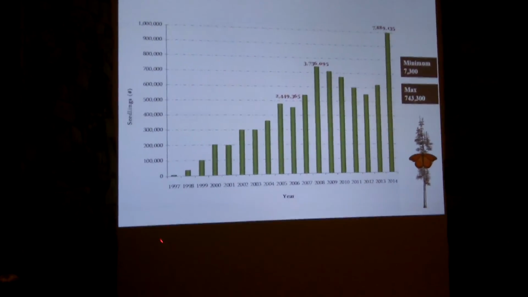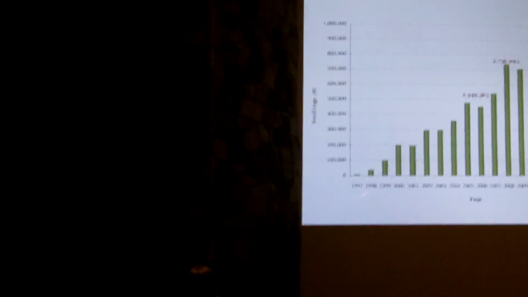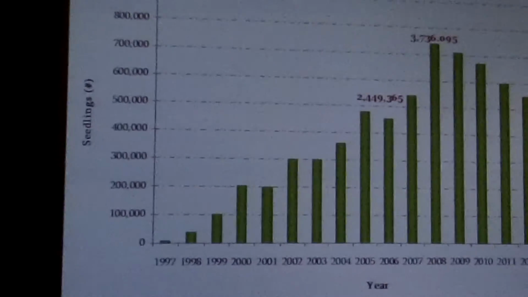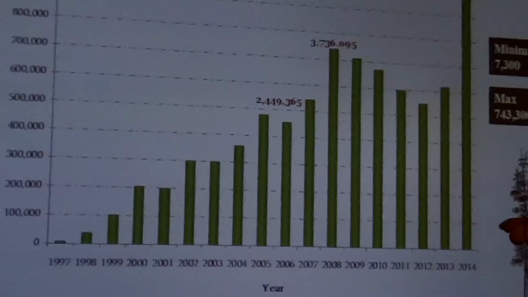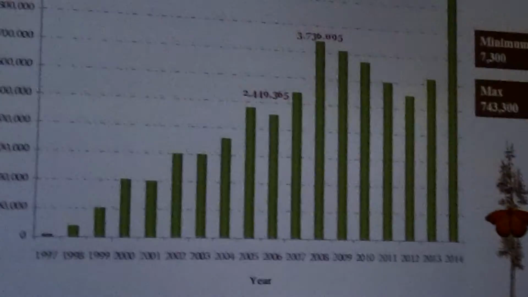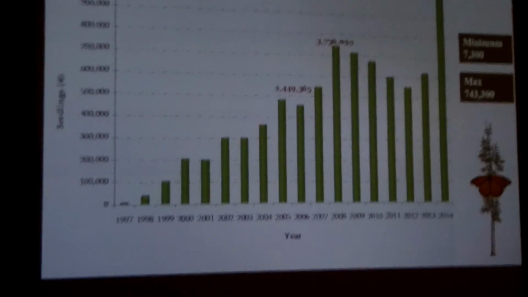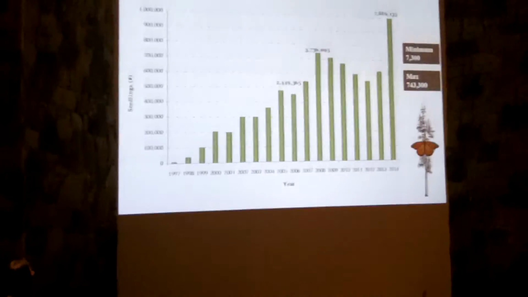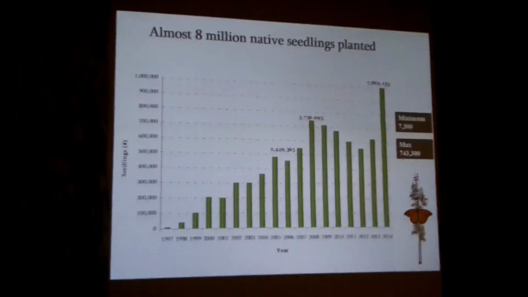So these are our numbers. As I said, this organization, or at least a group of this organization, started the reforestation in 1997. We're in 2014. We have planted up until now almost 8 million trees. Thank you.